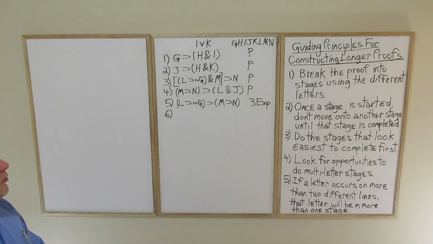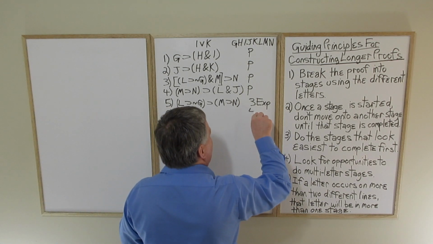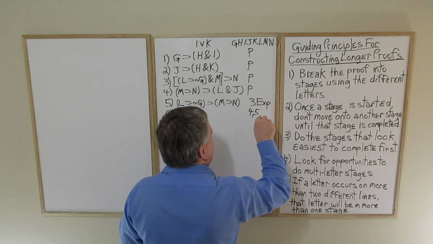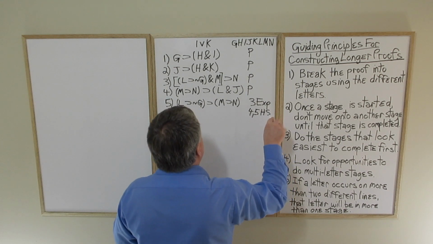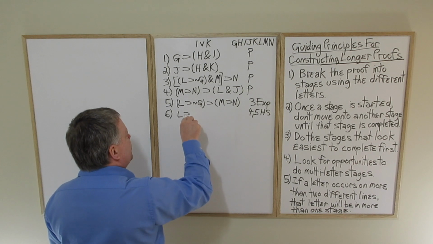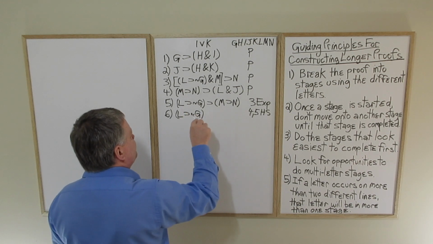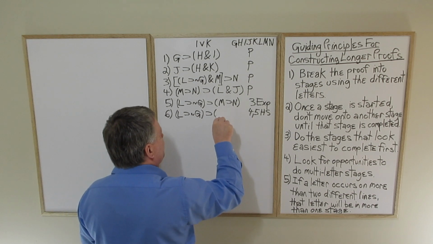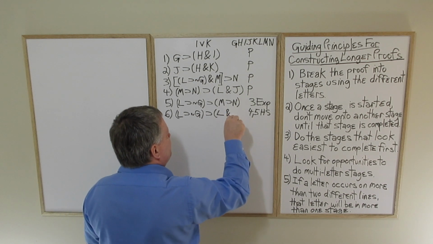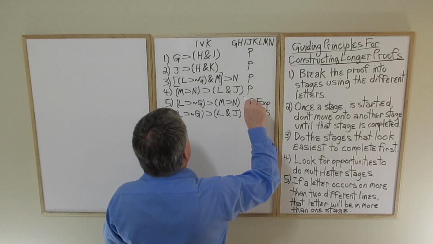This allows us to quickly complete a double stage 4-5 hypothetical syllogism, which is going to give us L horseshoe tilde G horseshoe L and J.